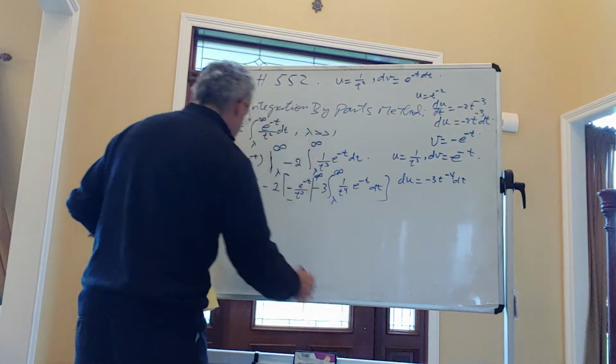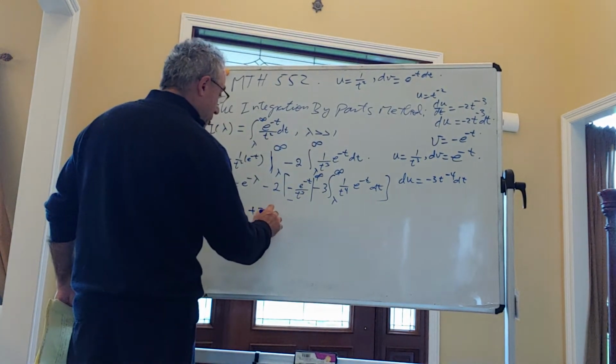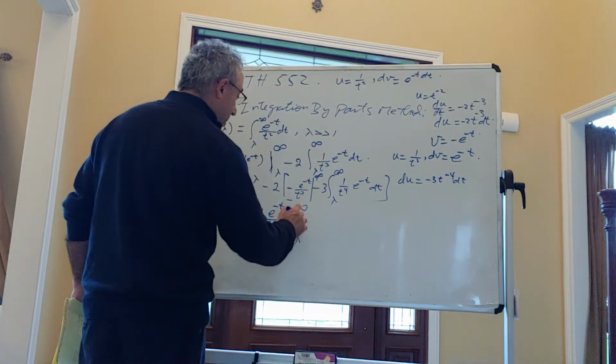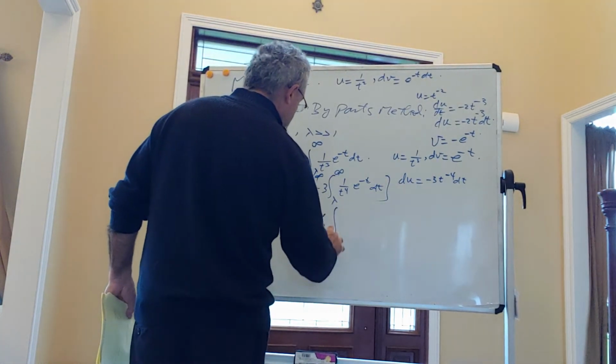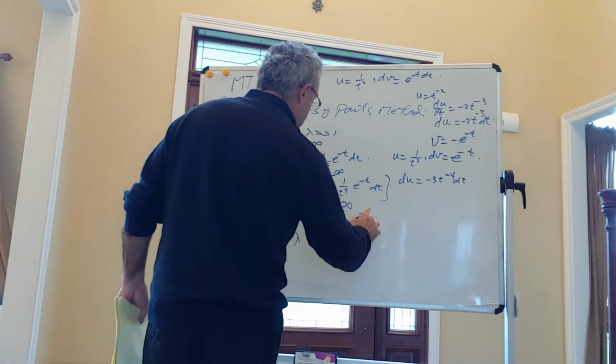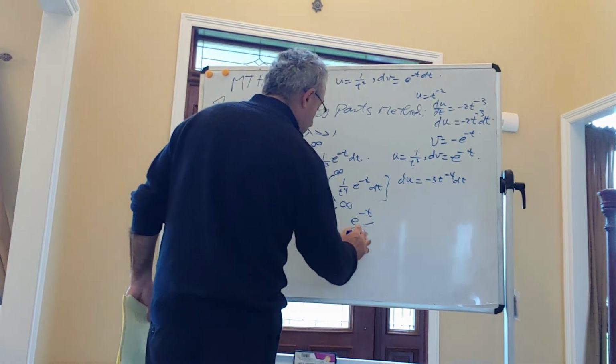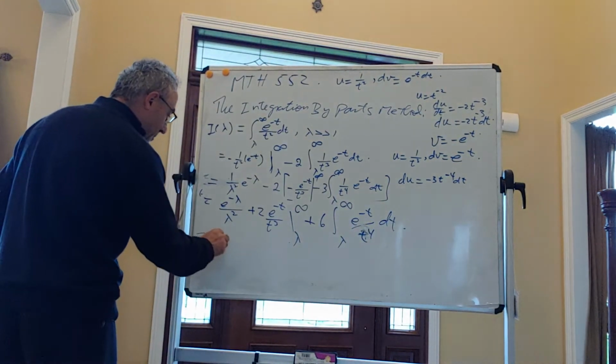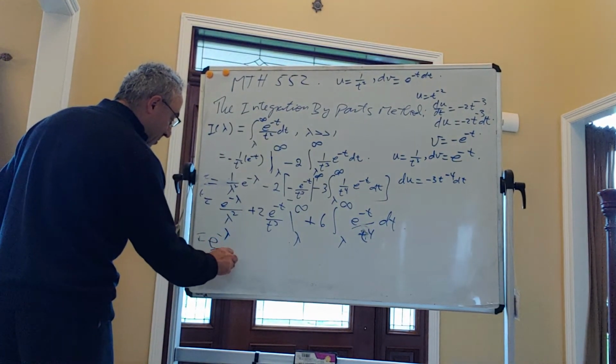So let's do plus 2 e to the minus t over t cubed from lambda to infinity, plus 6 times the integral from lambda to infinity of e to the minus t over t to the 4 dt. Now, if you evaluate this, this is e to the minus lambda over lambda squared.